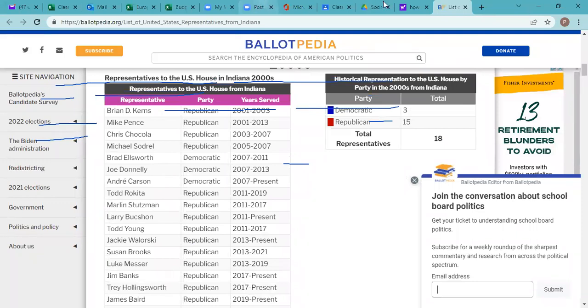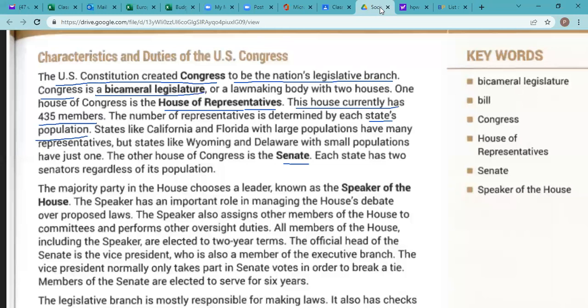But if you compare it with another state like Wyoming or Delaware, these two states actually have small populations. And when you have a very small population, you may only have one member representing your state.